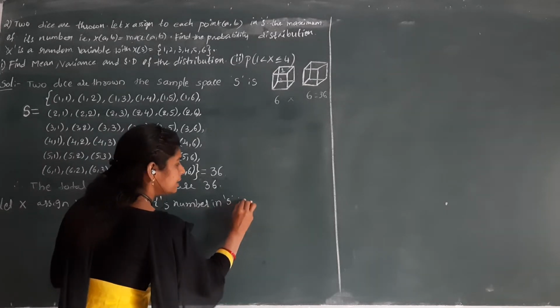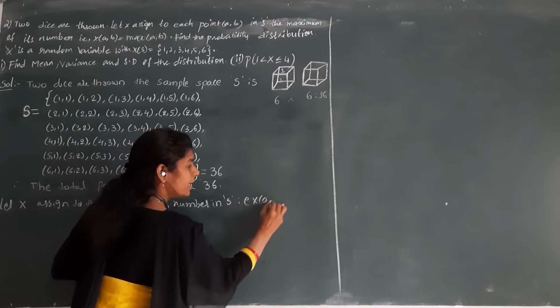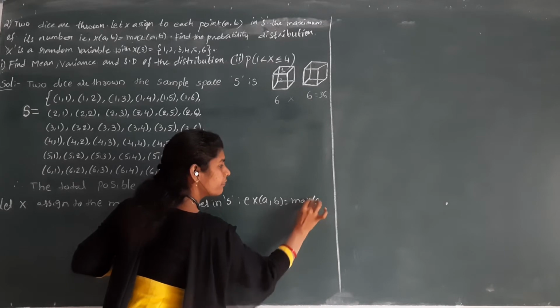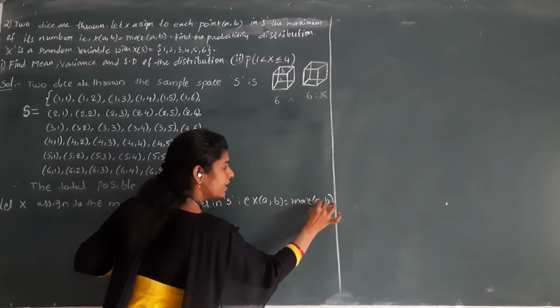That is nothing but simply I am writing capital X of (a, b) is equal to max of (a, b).